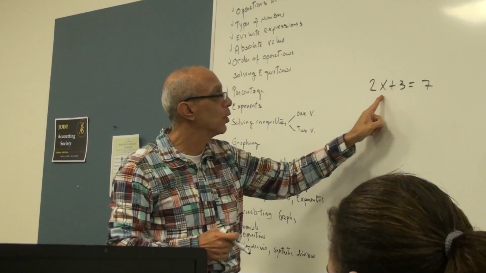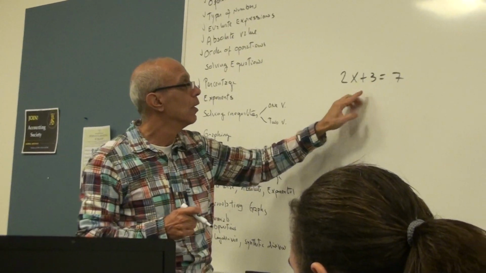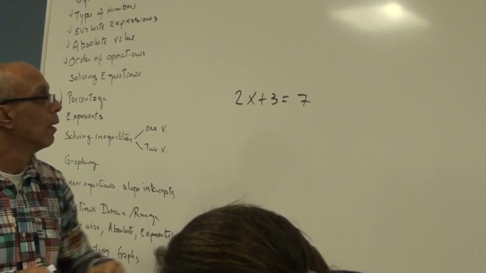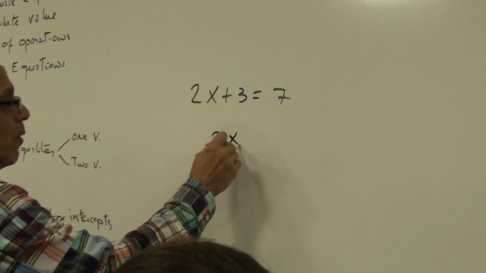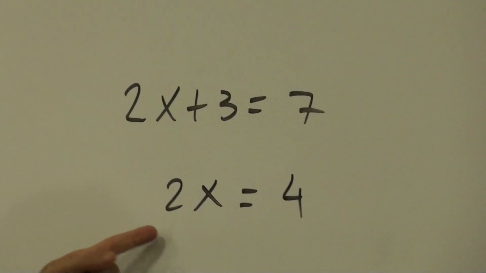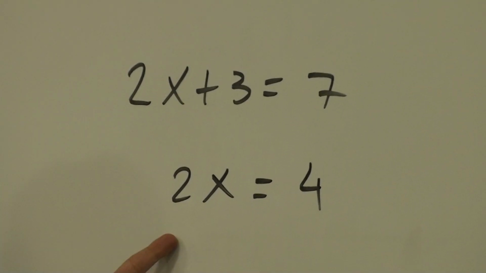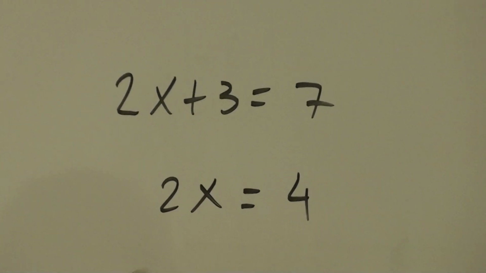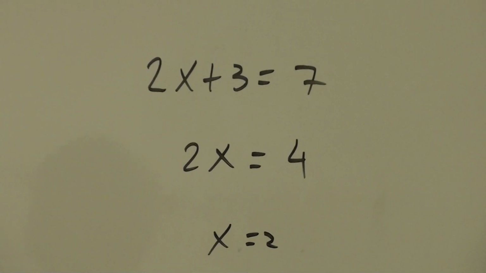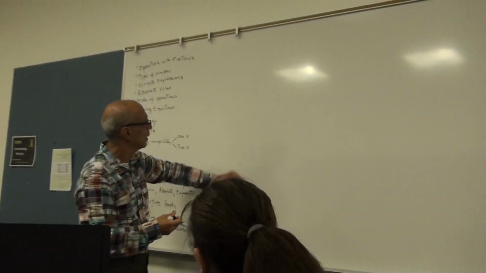So in order to isolate the value of x, first you take 3 from this side and 3 from the other side, right? You have now 4, and now the next is divide by 2. If you divide one side by 2, you need to divide the other side by 2. And then you got the answer. All right? So that's simple.